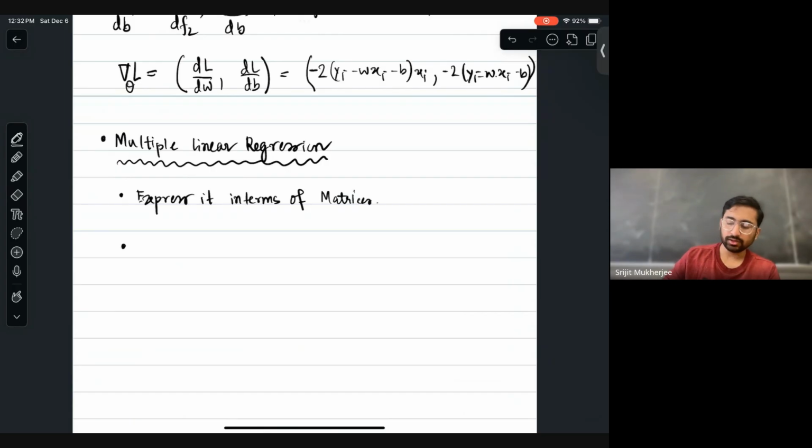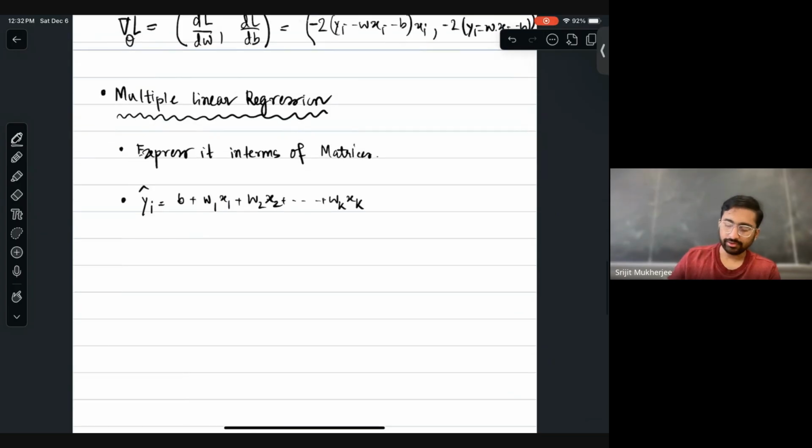It was yi hat is equal to b plus w1 x1 plus w2 x2 plus dot dot dot wk xk, and we wrote this as 1, x1, x2, dot dot dot xk times b, w1, w2, dot dot dot wk.